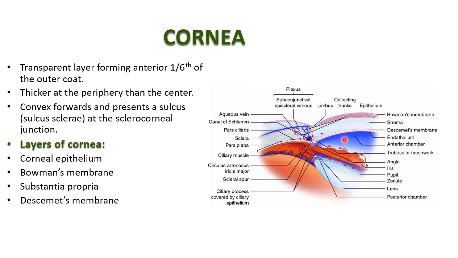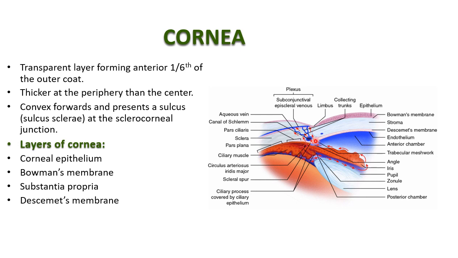Descemet's membrane, or the posterior limiting membrane, is acellular and homogeneous, again a collagenous layer. At the periphery it projects to form the trabecular tissue, which forms the inner wall of the sinus venosus.